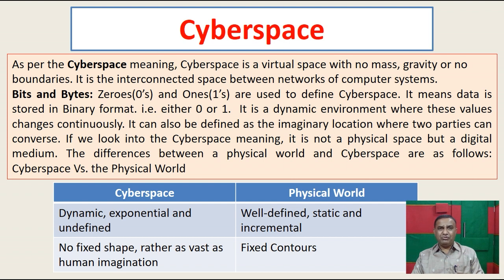Now we have to see how cyberspace works in a computer, and that working is performed in the form of bits. When we consider the concept of bits and bytes, zeros and ones are used to define cyberspace.